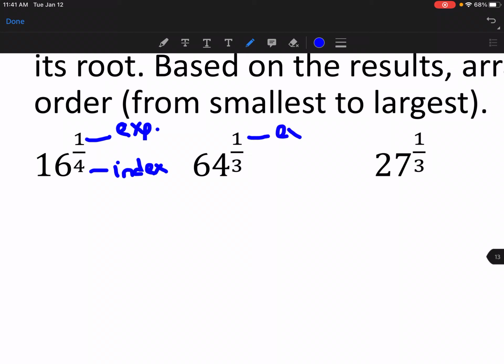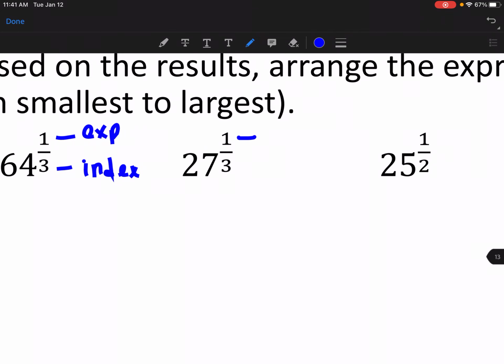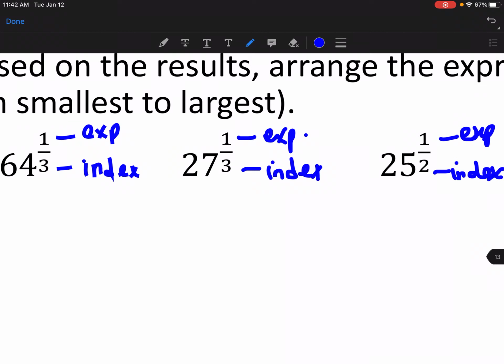Again, the top number is my exponent, the bottom number, the denominator, is my index. So I'm going to go ahead and do that for all of my terms here. This is my index. Again, that is my exponent and this is my index.